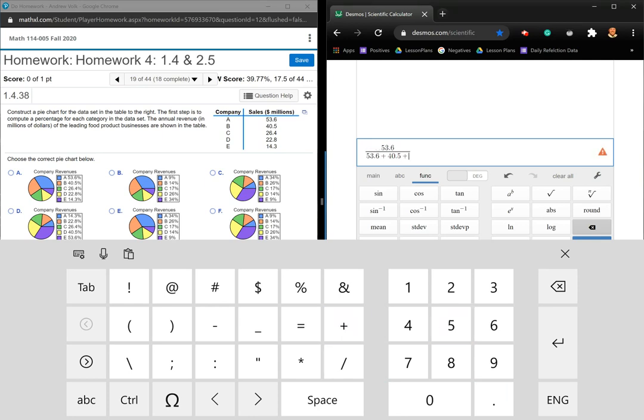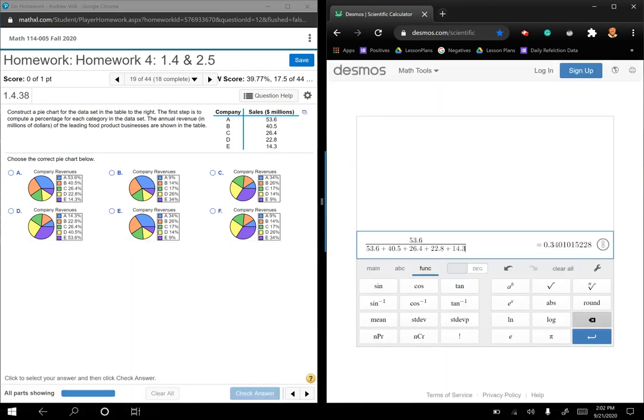If you have a different calculator, you might need to put parentheses, or maybe you might need to do this addition separately before you make your fraction. All right, let's see. I think I typed them in right, and I got 0.34. So if we think about that as a percent, that should be 34%.